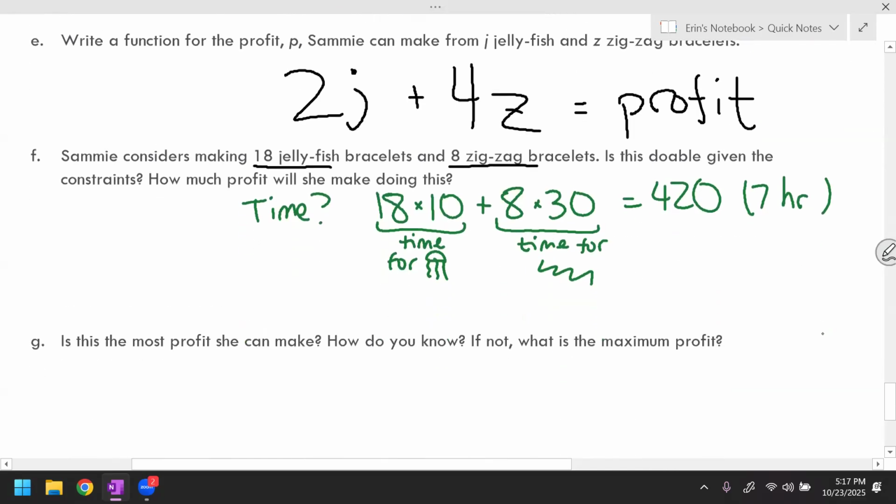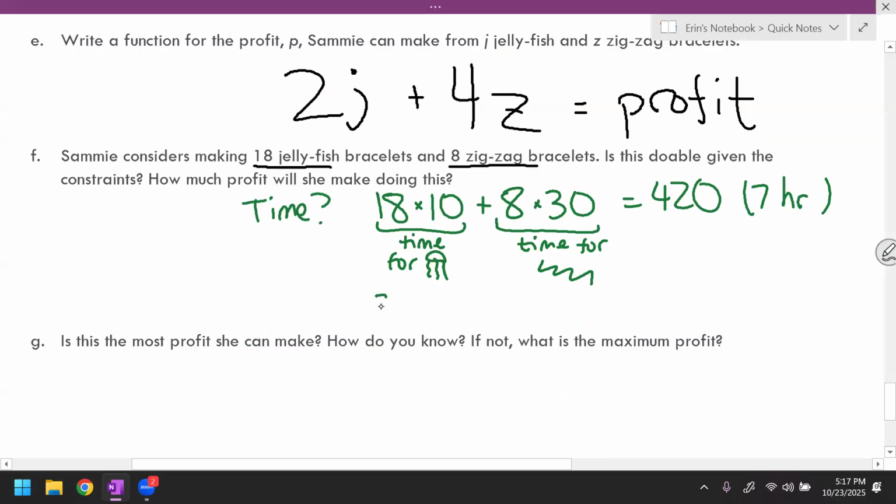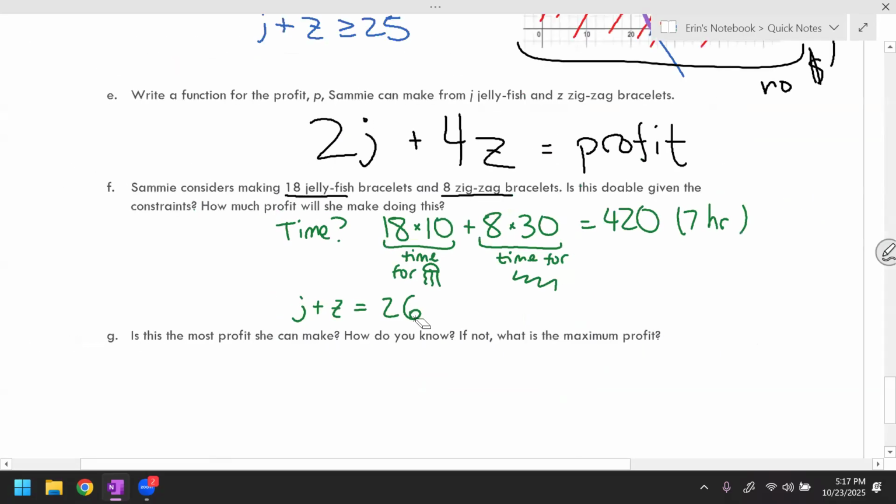And if she makes 18 jellyfish and 8 zigzags, this is 25, this is 26 bracelets in total. So it is more than 25, right? Because she wanted to have more than 25 bracelets to sell. So we have both time and enough bracelets. So yes, it is doable.